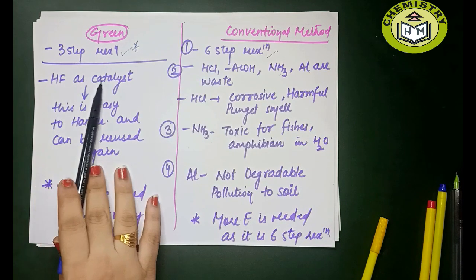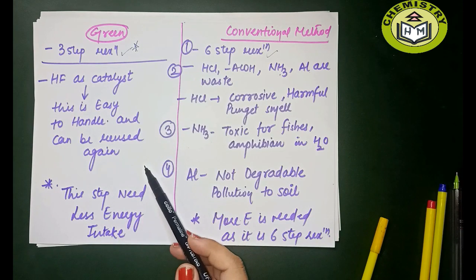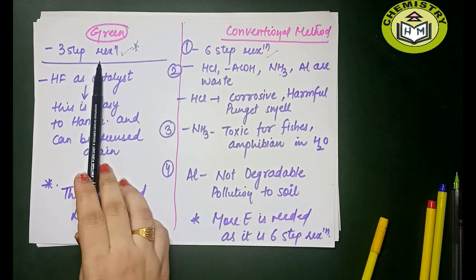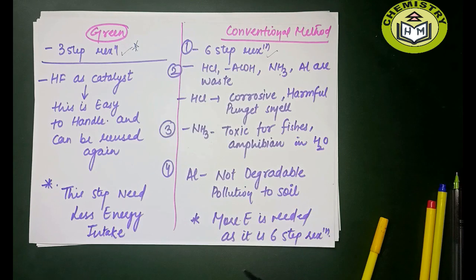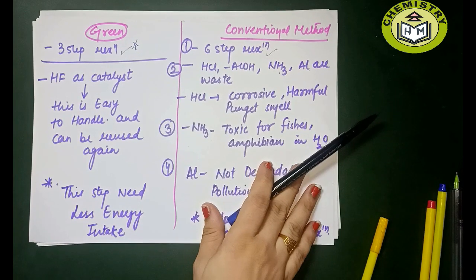Right, in this HF acts as a catalyst which can be reusable for the next reactions also. Right, as it is a 3-step reaction, less energy intake is there, and it is a 6 or 7-step reaction, it needs more energy, almost double or triple energy for the conventional synthesis of ibuprofen.